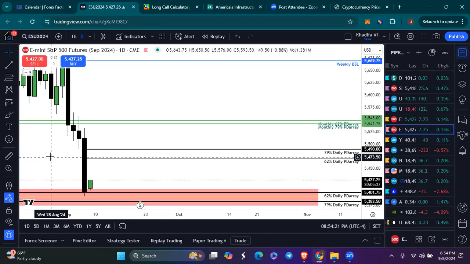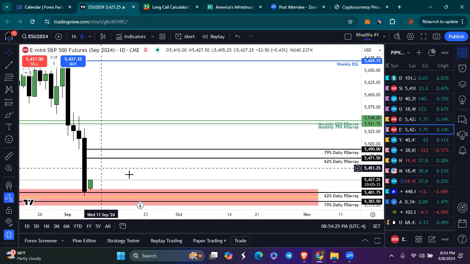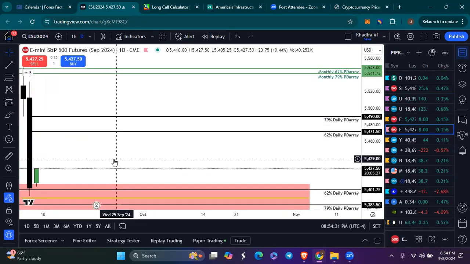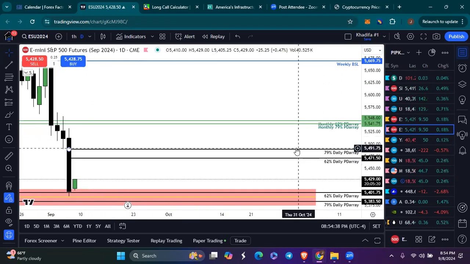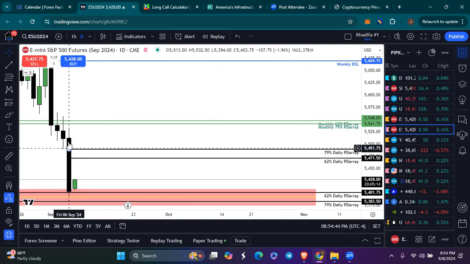So yeah, with that being said, most of the people watching this are well trained in setting their PD array levels. So y'all go on and mark up Friday's price action or candle.